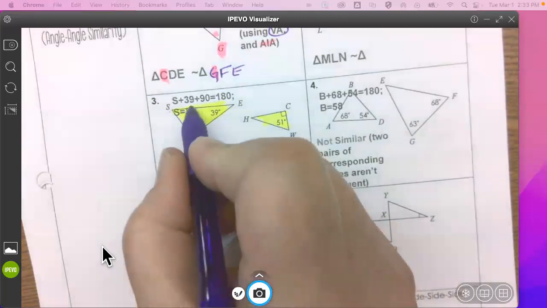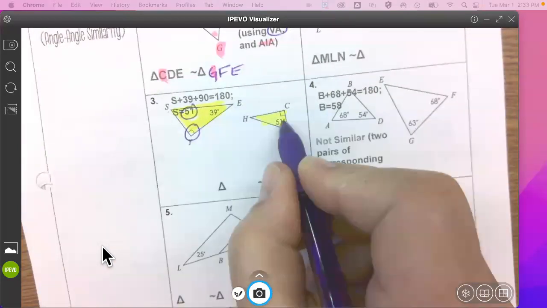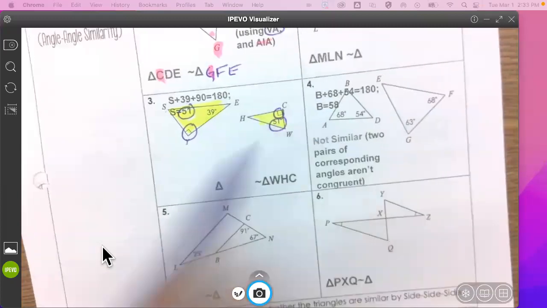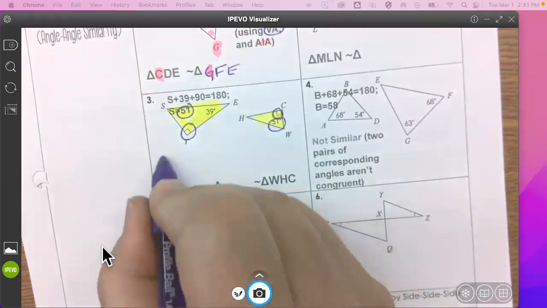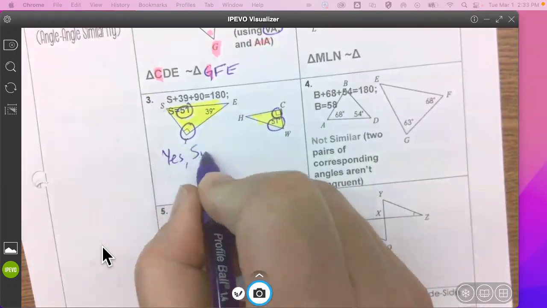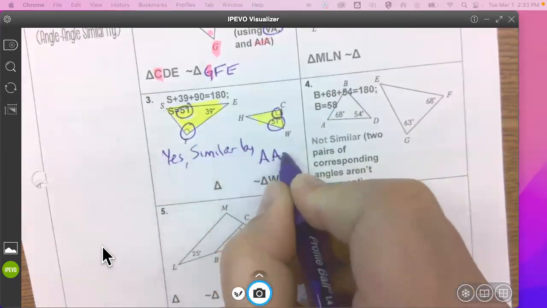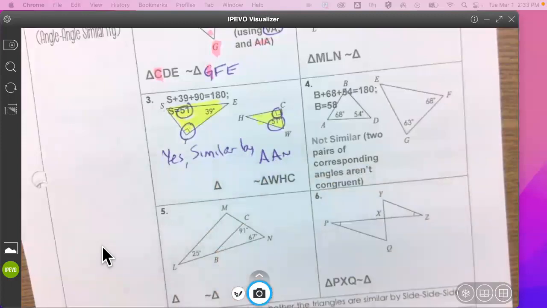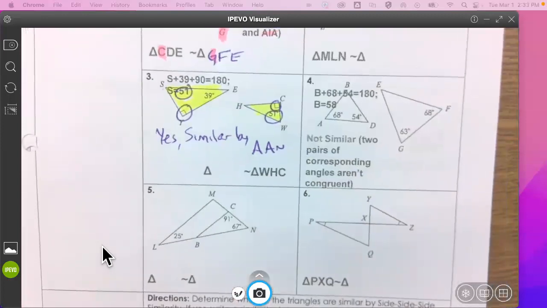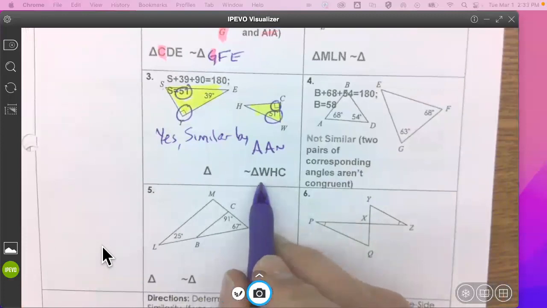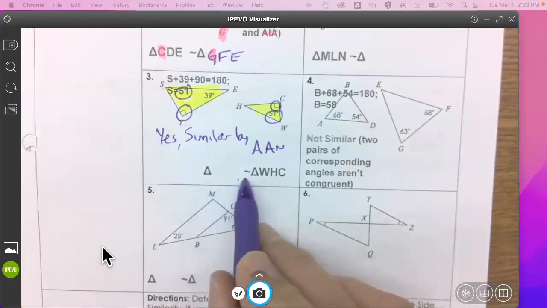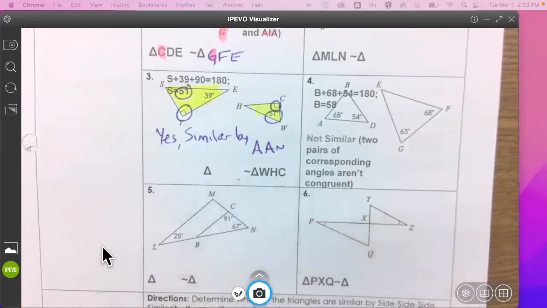So now don't I have 51 degrees here and 90 and 51 degrees here and 90? Isn't that enough? I can say yes, similar by angle similarity. And now I need to create my similarity statement. What triangle is similar to WHC?